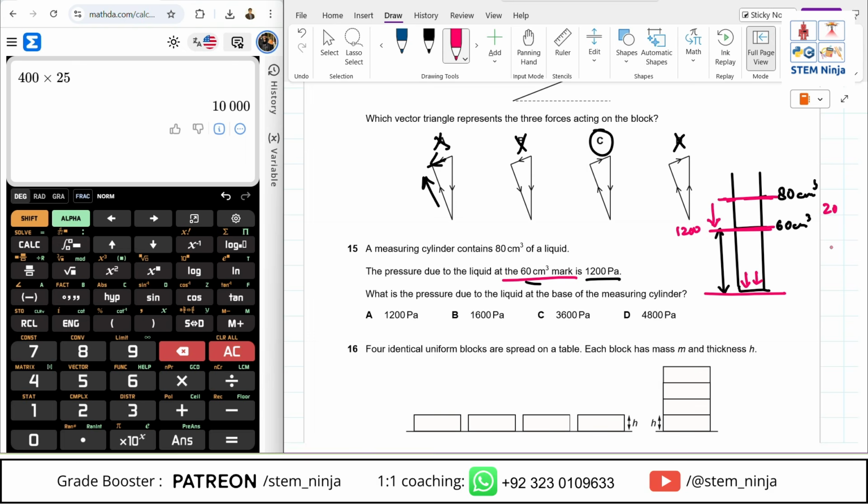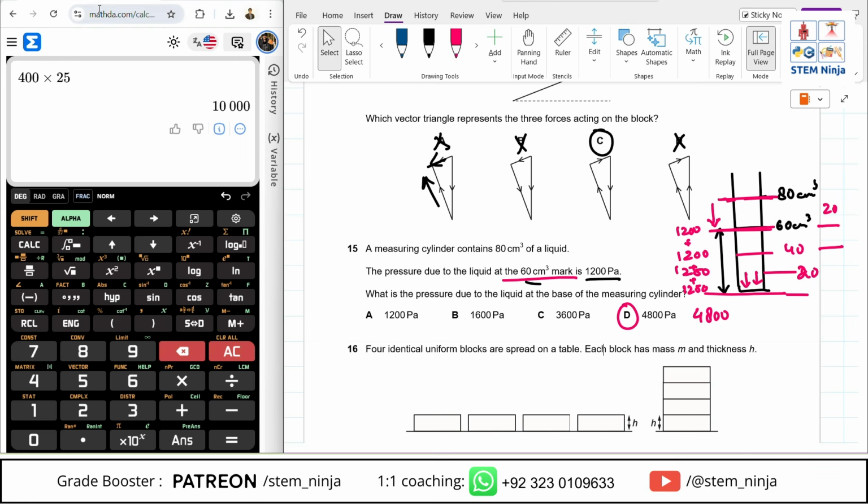So we have 3 times more. So 20 further, it's 40, another 1200. Again, this would be another 1200. At 0, this would be another 1200. So 1200 plus 1200 plus 1200, that is 4800. D.